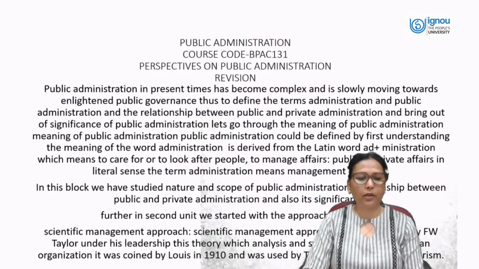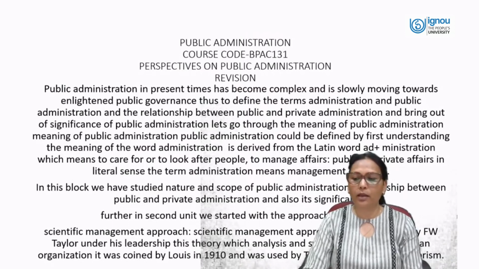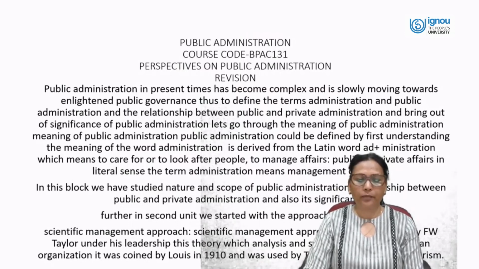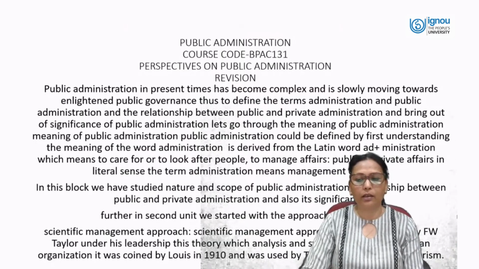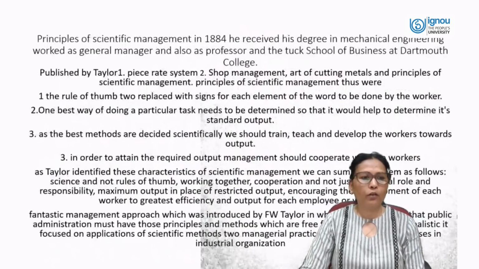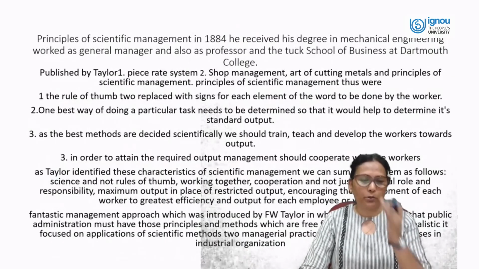First was the scientific management approach. It was introduced by F. W. Taylor under his leadership theory, which analyzes and synthesizes workflow in an organization. It was coined by Lewis in 1910 and used by Taylor, later known as Taylorism. That was the scientific management approach.